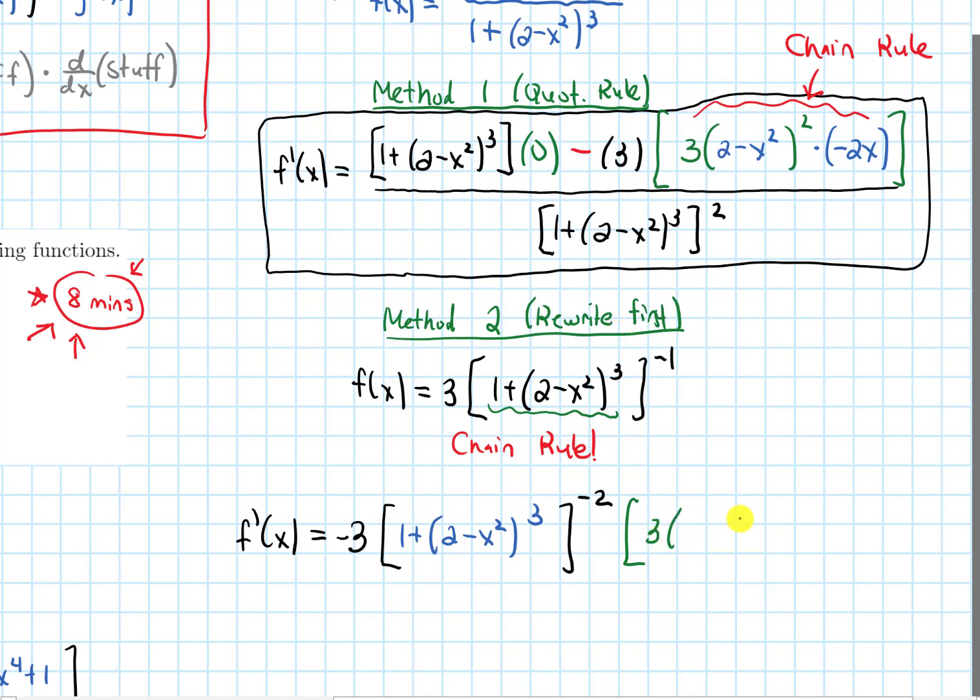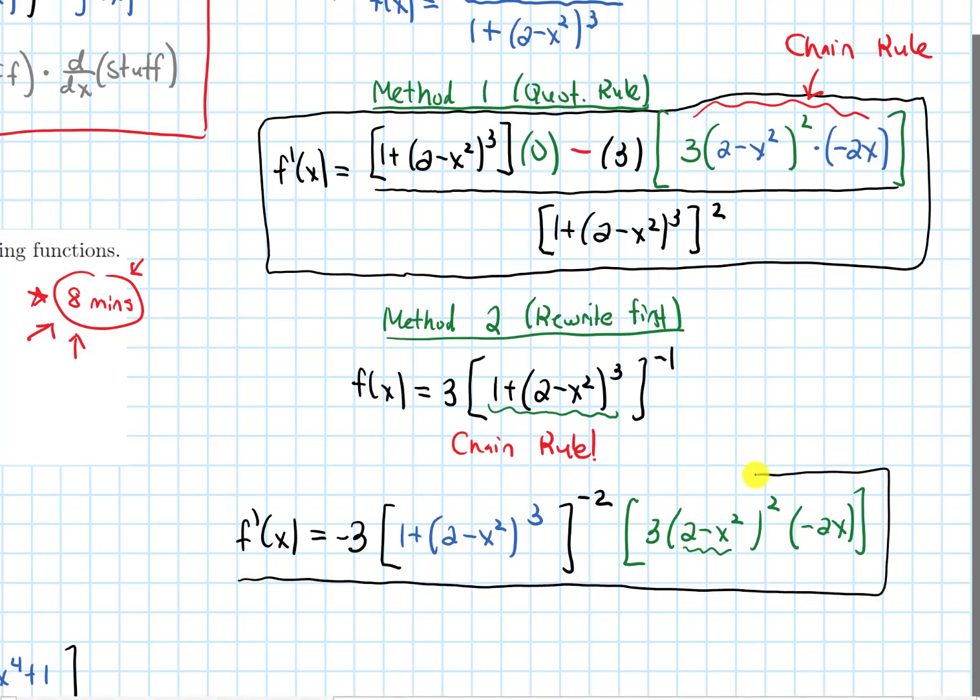And we get 3 times, subtract 1 from the power, and then 2 minus x squared stays inside. And then I multiply by the derivative of 2 minus x squared, which is negative 2x. So that's coming from chain rule. Okay, and that is it. At this point, I've finished my chain rule. I had to do chain rule a couple of times.